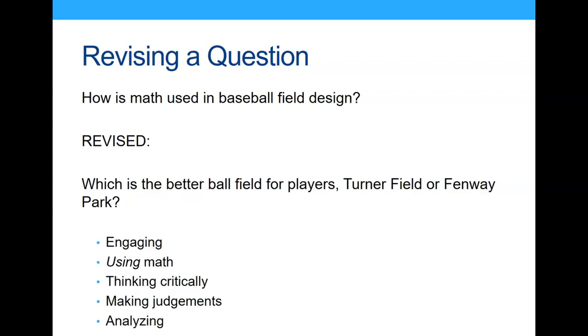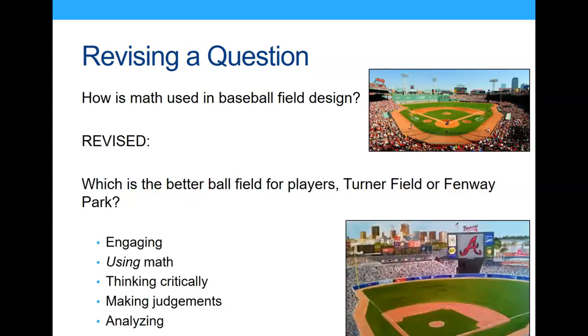What happens when you turn the first thing into the revised question? It all of a sudden becomes engaging. It becomes specific. It's about using the math instead of just answering the question, how was it used? It's actually students using the math on their own, thinking critically. They're going to be making judgments and, of course, doing some analysis with that as well.